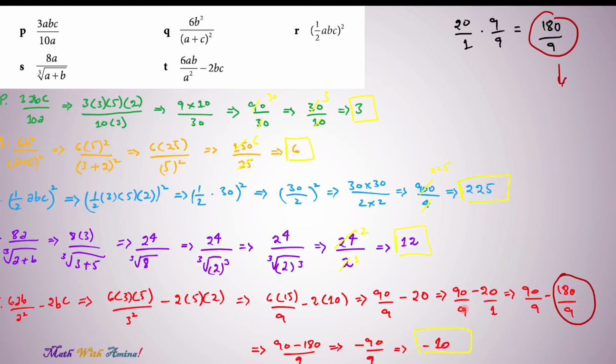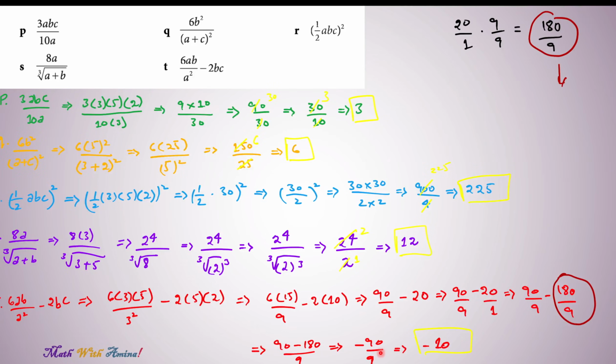So now comparing the two fractions, 90 over 9 minus 180 over 9. The denominators are the same, so we can subtract the numerators. So it would be 90 minus 180 over 9. 90 minus 180, we are subtracting a bigger value from a smaller one, so it would become minus 90 over 9.